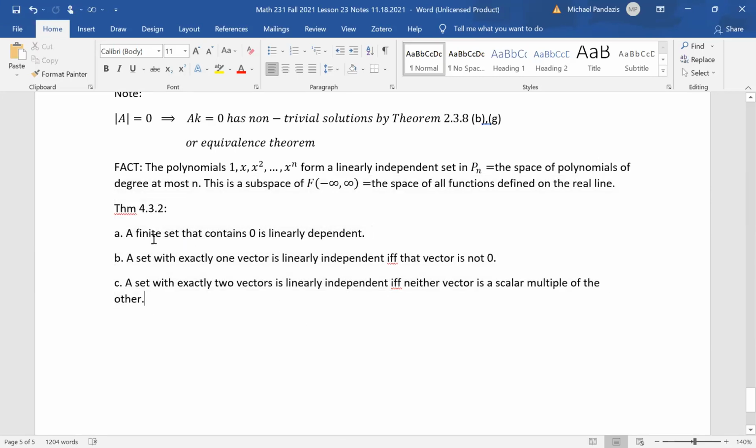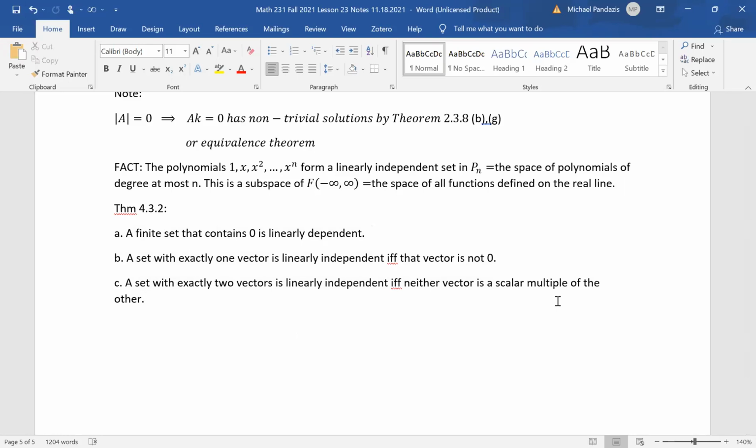Okay, so when you have a finite set and it contains 0, it is linearly dependent. When you have a set with exactly one vector, it's linearly independent if and only if that vector is not 0. And C, a set with exactly two vectors is linearly independent if and only if neither vector is a scalar multiple of the other. Keep in mind that if you have a set with exactly two vectors, and one of them is 0, then you can express 0 as equal to 0 times the other vector.